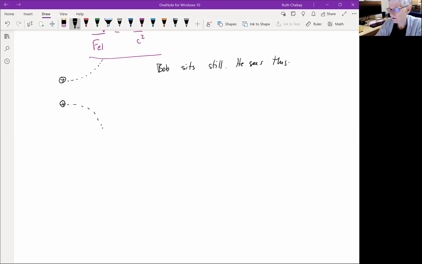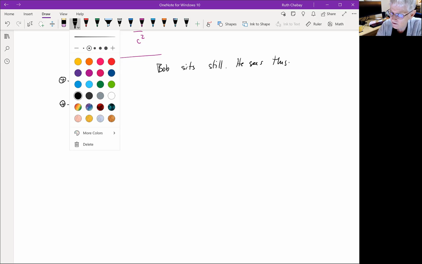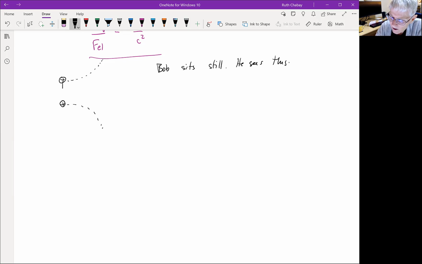However, we have another observer named Alice, and what Bob sees is related to the fact that we had this electric force up, we had a magnetic force down, and so the net force was up, but it was a little smaller than the electric force.